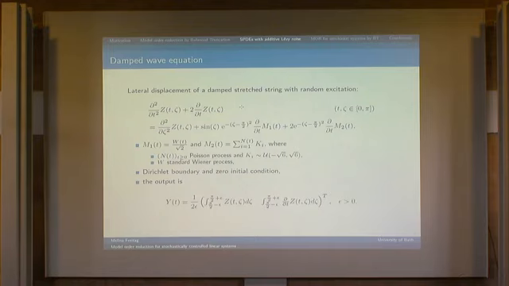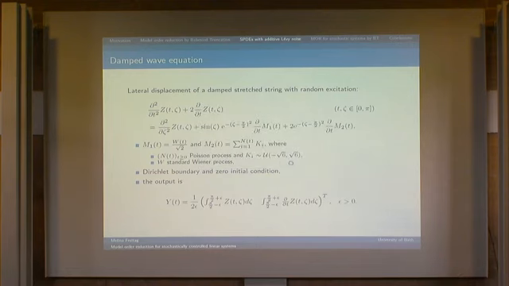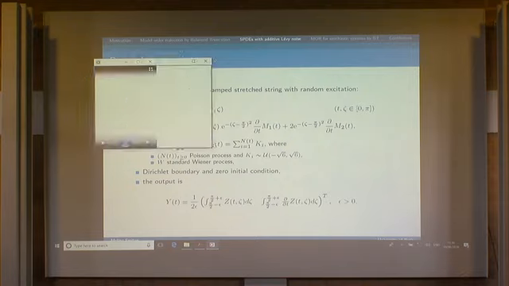I'll just show a little simulation of this, if that works, because this is now a Windows computer. I haven't tried it. This seems to come up. Yeah, so it's a little bit boring, right? You could think of this as somewhere where you hang your washing, and it's moving up and down, and there's wind.